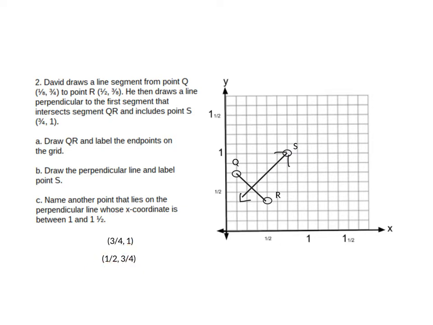So if we want to find an x-coordinate between 1 and 1.5, we could go 1, and what's 1/2 more than 1 is 1.5. Or we could go even 1 and 1/8, add a half, which would make 1 and 5/8. So any of those numbers would be on that line.